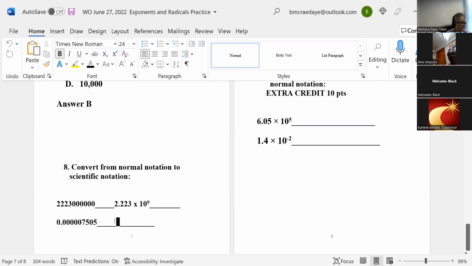Miss Barbara, I'm not seeing the second part of number 8. We're converting from normal notation to scientific notation, a number times 10 to a power. It's right below the one we just finished.